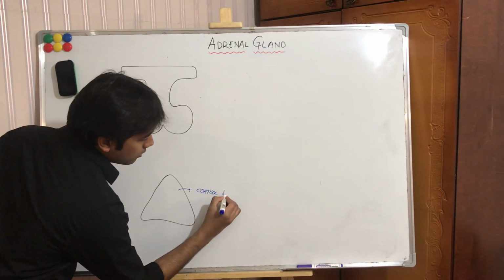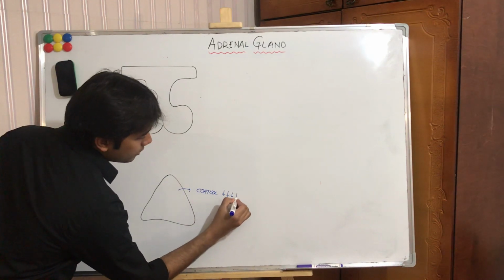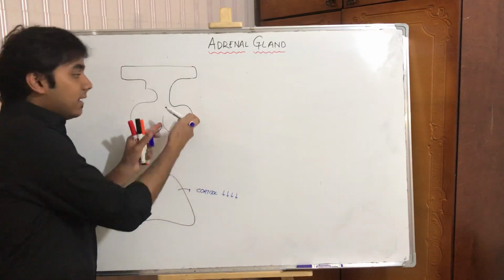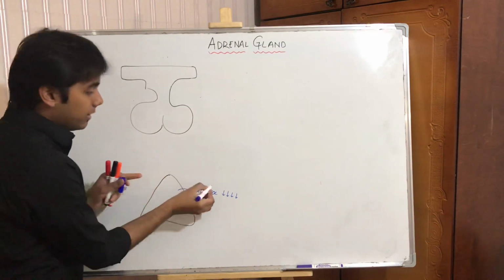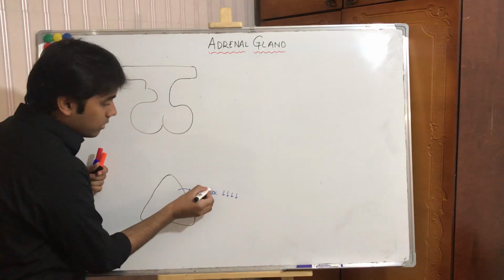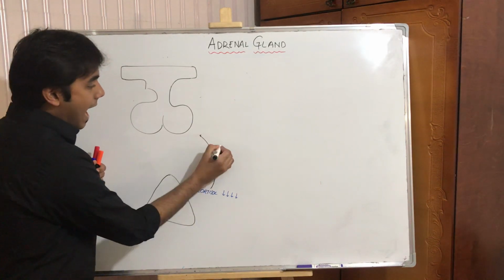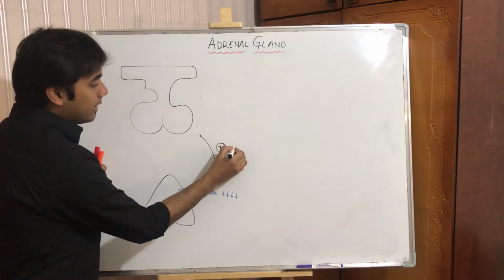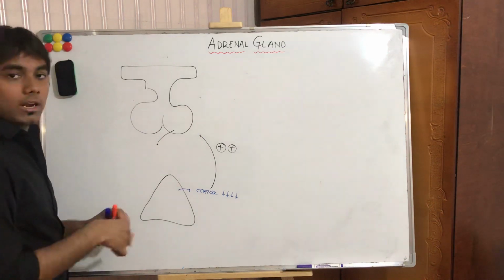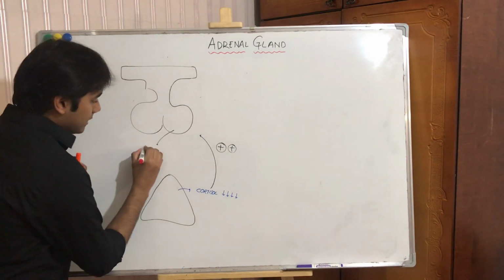The levels of cortisol will be reduced in my blood. Now this decreased cortisol level will activate the anterior pituitary to release what? ACTH.